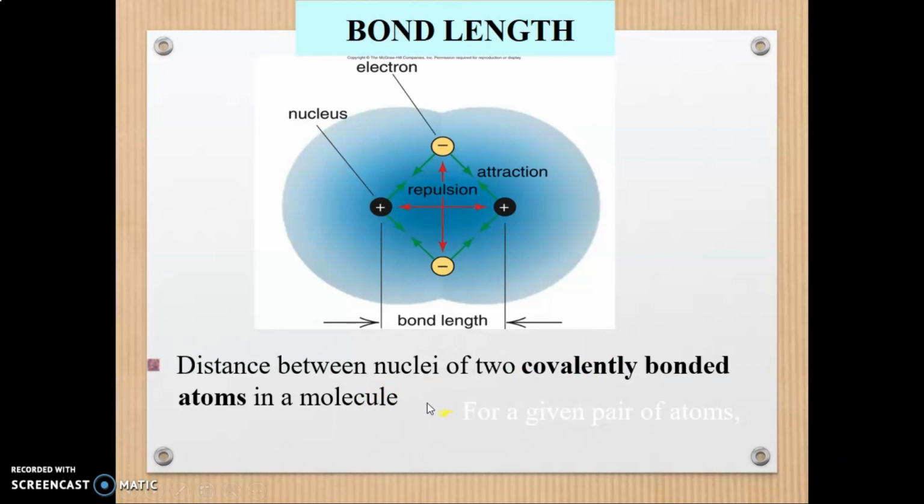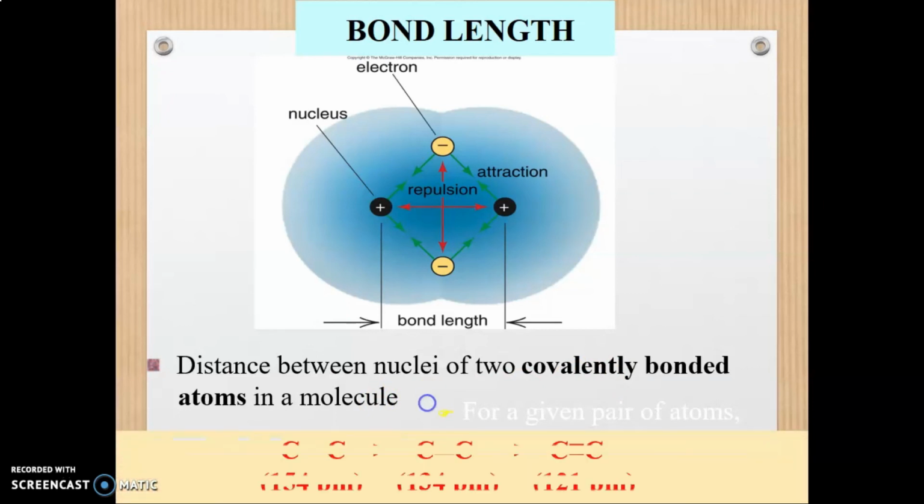For a given pair of atoms, the bond length for the single bond is greater than the double bond, and the double bond is greater than the triple bond.